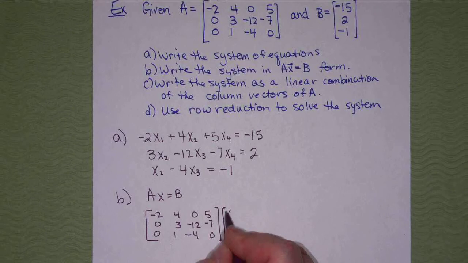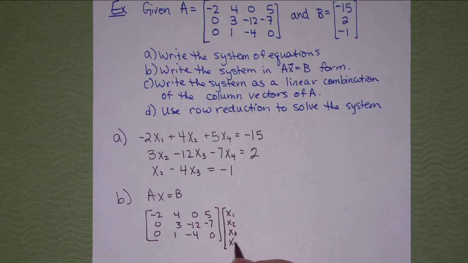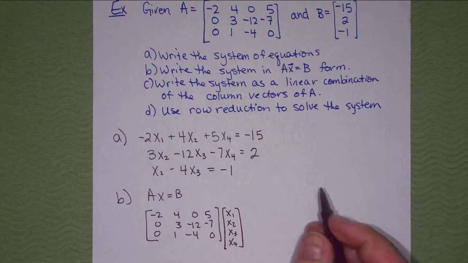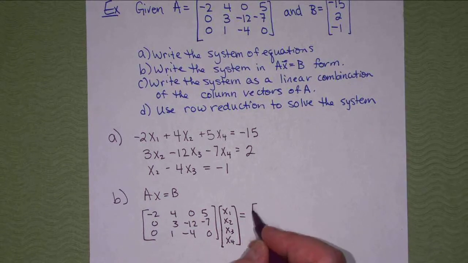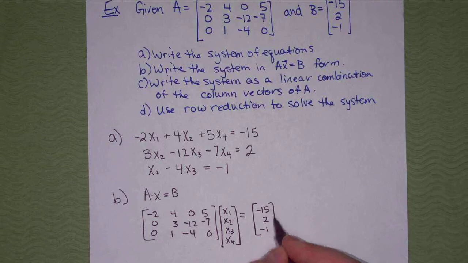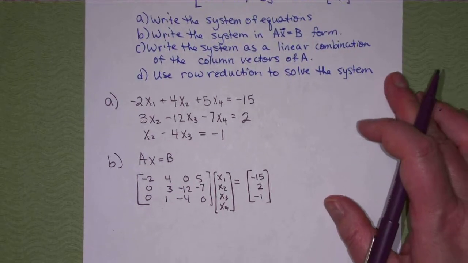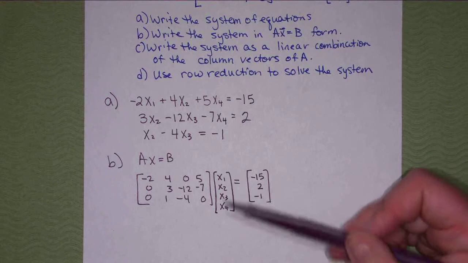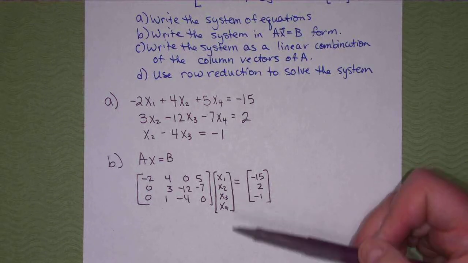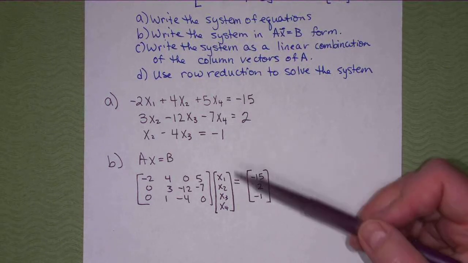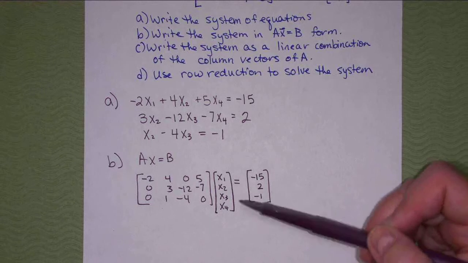They would be x1, x2, x3, x4. And our B is minus 15, 2, minus 1. You know, it looks like this should only have 3, but be careful. That's why I wrote this one first. If you only wrote 3, what's wrong with that?